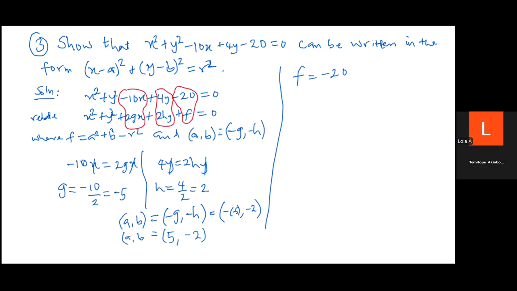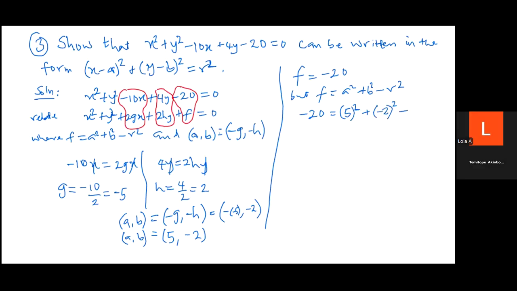Now, we have said that f is minus 20, but f equals a squared plus b squared minus r squared. So that means minus 20 equals the value of a obtained here, which is 5 squared, plus b, which is minus 2, so minus 2 squared, minus r squared.